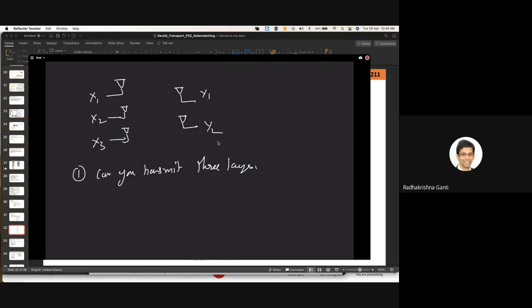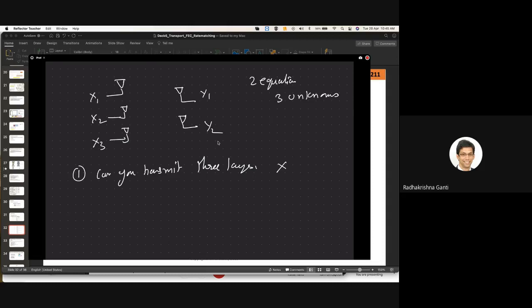If you transmit 3 layers, think about this: how many equations do you have? You will have only 2 equations and 3 unknowns. What are the unknowns? X1, X2, X3. Can you determine 3 unknowns from 2 equations? No, you cannot. So you cannot transmit 3 layers.